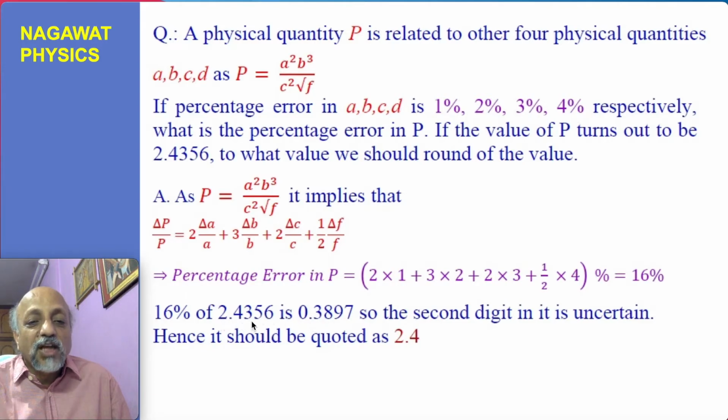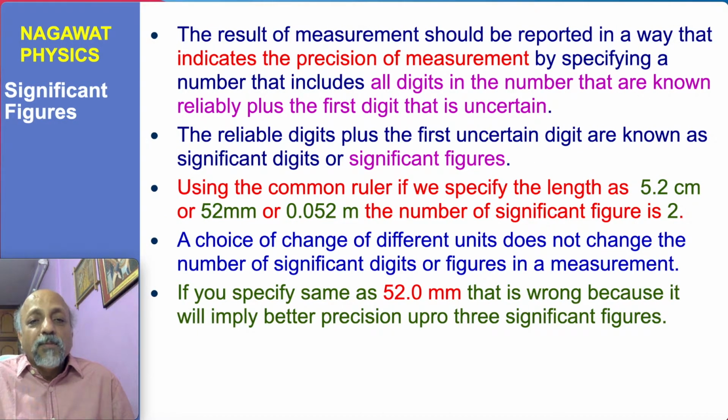Even if the reading is 2.4356, we have the general rule that we can keep only one uncertain digit in the reporting of the result, and so 2.4356 should be rounded off to 2.4, and had it been 2.4756, then it would have been rounded off to 2.5. These rules are important.